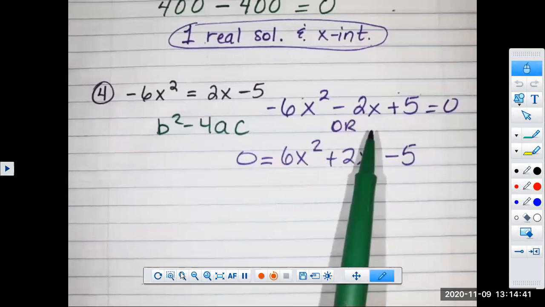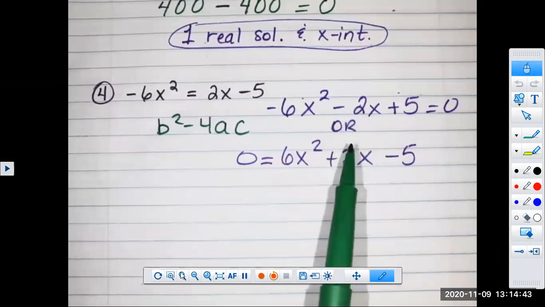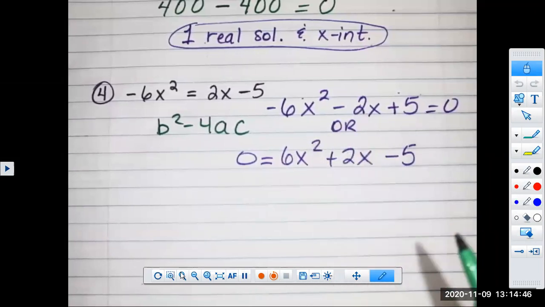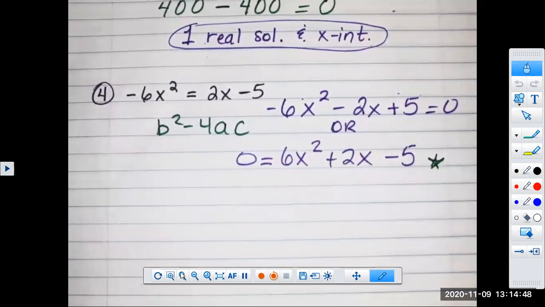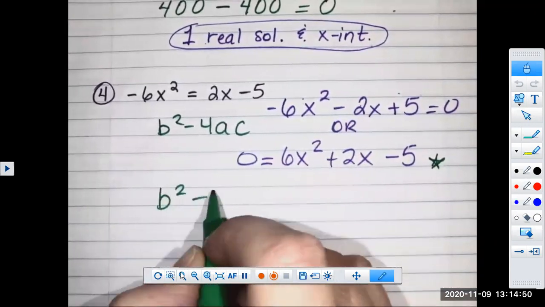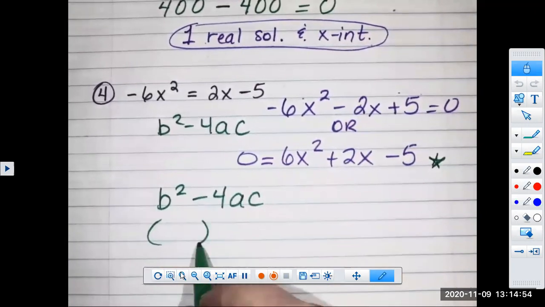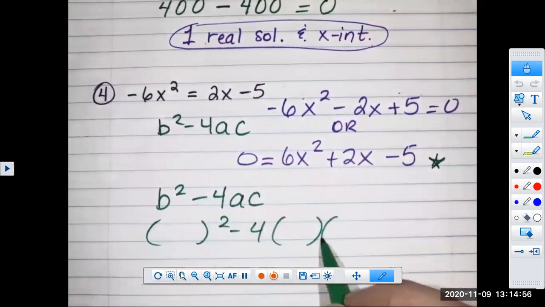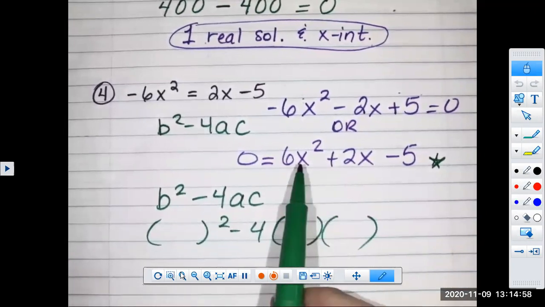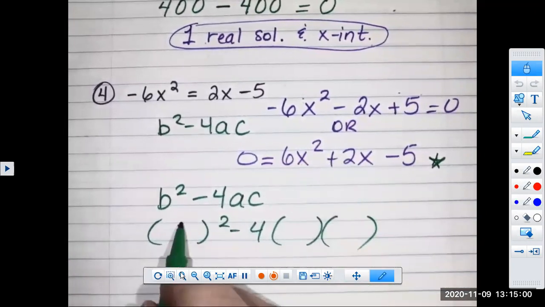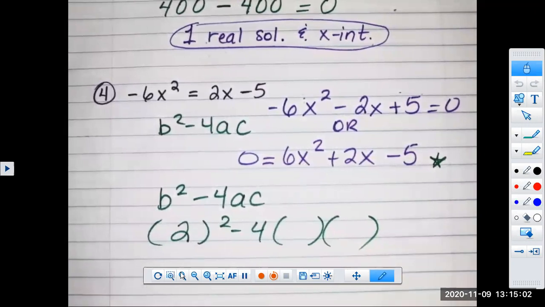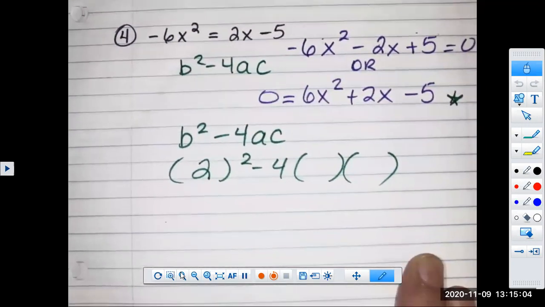Did everybody do the top or the bottom? Okay. I'll show you the bottom way. Whatever you plugged in will have different signs. If you did this bottom way, you should have plugged in positive 2 for B. If you did it the other way, you plugged in negative 2.